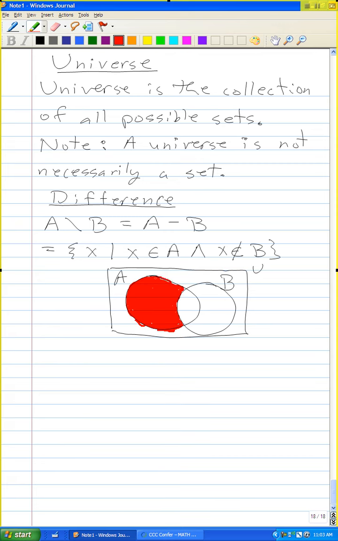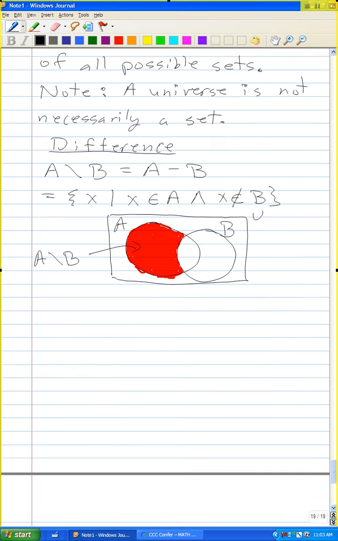Okay, so that is A without B. So it's everything in A, but it is not in B. Now you could do it the other way. So this means B take away A. So it's the other part.